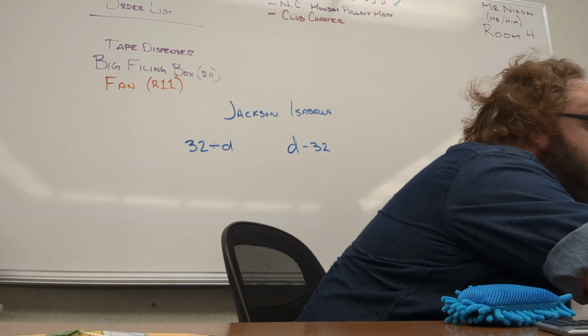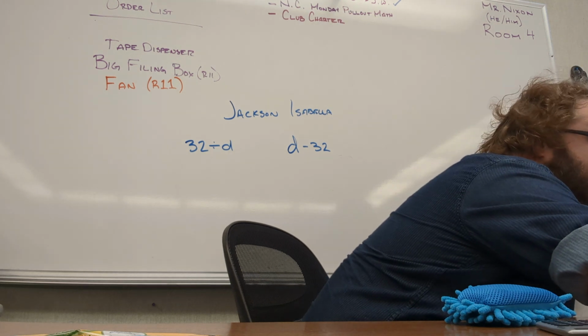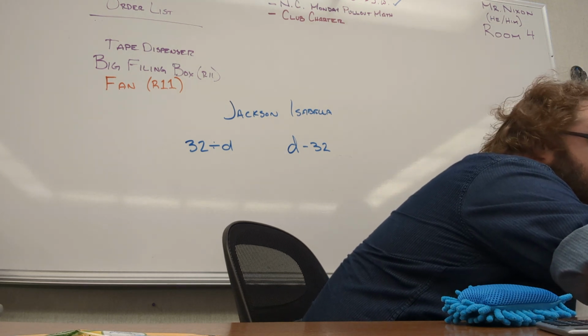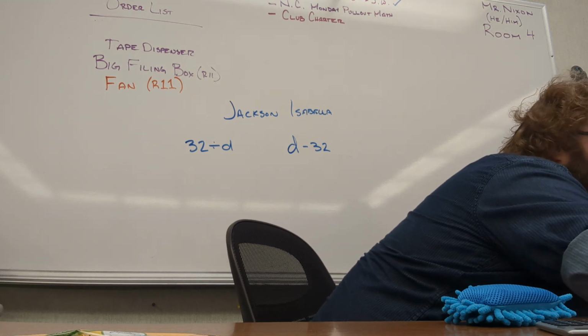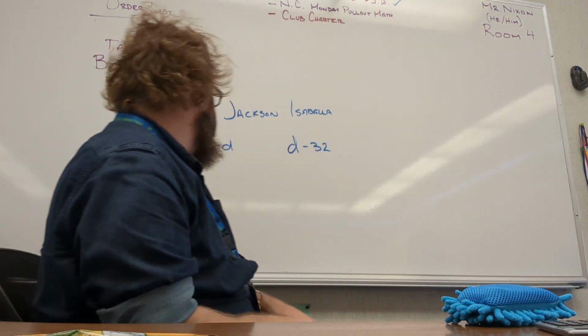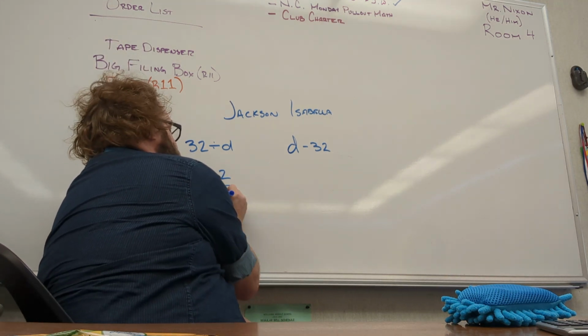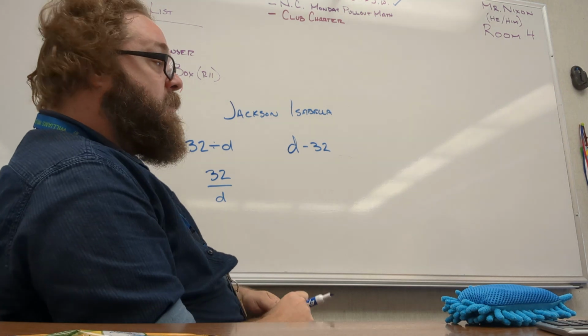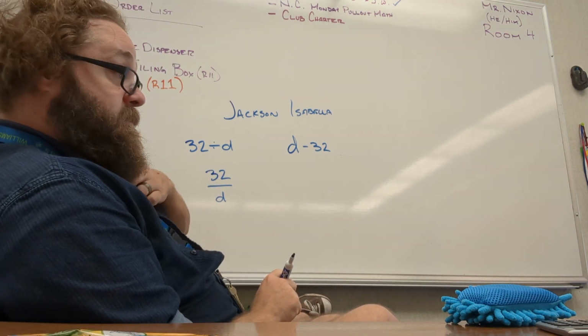If you see a word like this and you don't remember, you can click that button and it'll show you what they're talking about. Jackson's answer was 32 divided by D. You could write it like this, or you could also say 32 divided by D. That would work too.